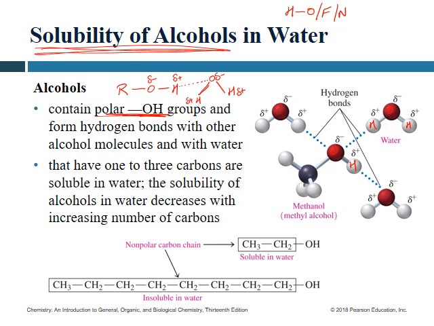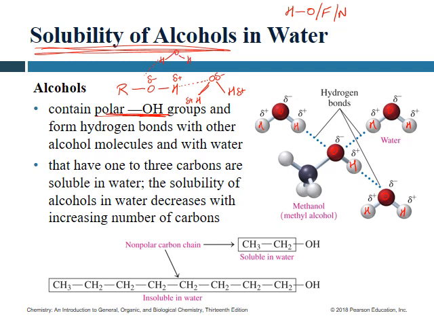Oxygen can form hydrogen bonds with the hydrogens from water molecules, right? And what happens to this hydrogen? This hydrogen from the hydroxy group can form a hydrogen bond with the oxygen from water molecules. For instance, right here, this oxygen can also form a hydrogen bond with another water molecule.